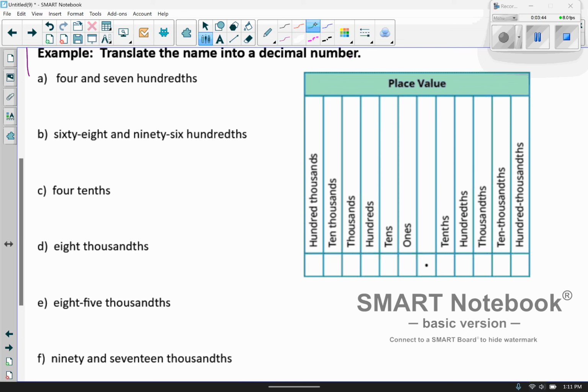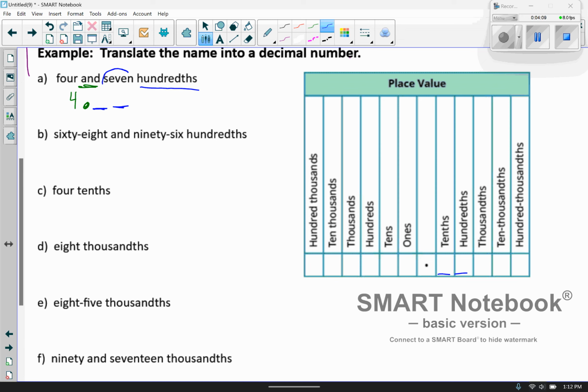If you look back at our directions, the word and is where our decimal point's going to be, and the value before and is going to be our whole number, which in this case is pretty simple. It's just the number 4. Then it says 700ths. The hundredths, if you notice here, is going to be 2 spaces, so I'm going to go ahead and put 2 spaces right here.